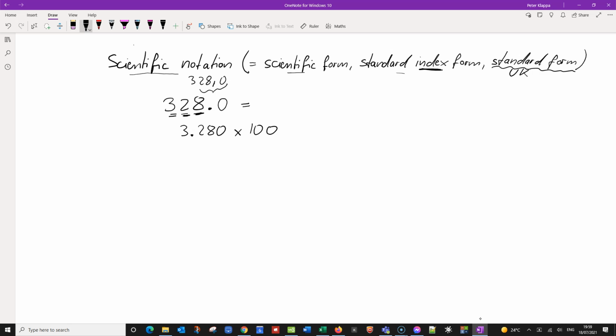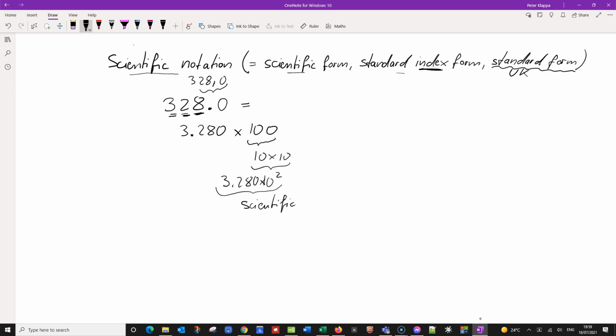So 328, we can write this as 3.28 times 100. And we know that we can write 100, of course, as 10 times 10. Or, if we so wish, we can write this as 10 to the power of 2. And therefore, we can write our number 328 as 3.28 times 10 to the power of 2. And that here would be the scientific notation.